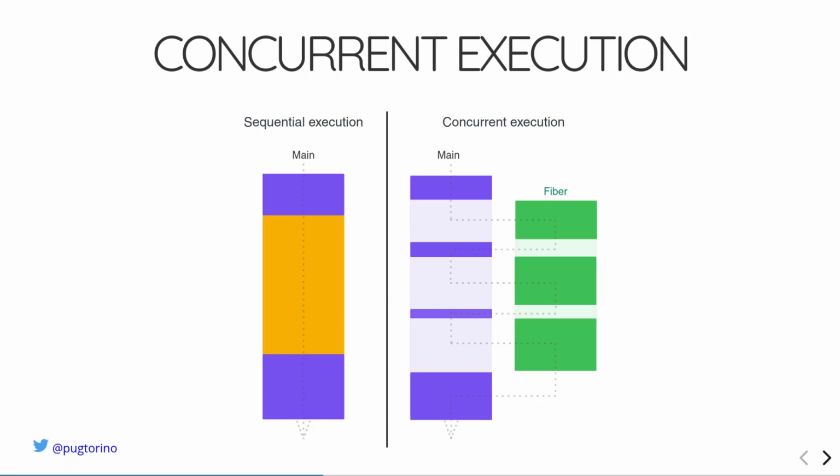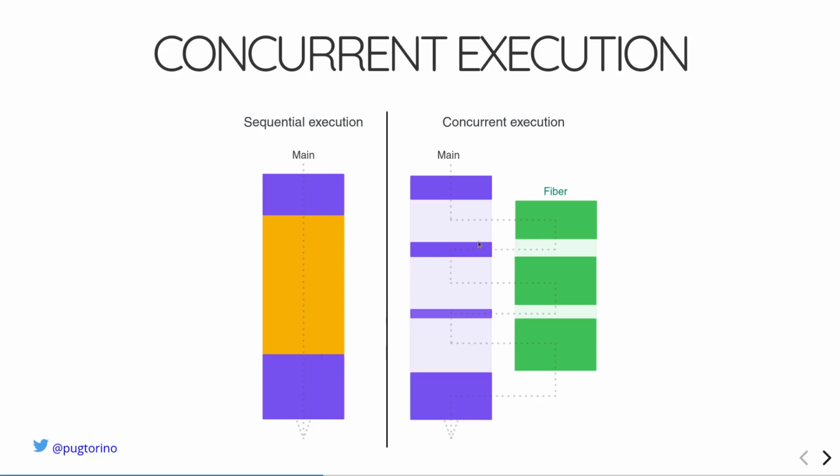It's a way to run this piece of code sooner, because for instance, if this violet bar here, in the case of the sequential execution, needs to wait until all the orange code, so all the code in the fiber, is terminated, it is not possible to execute this piece of code before the end of execution of the sequential code.